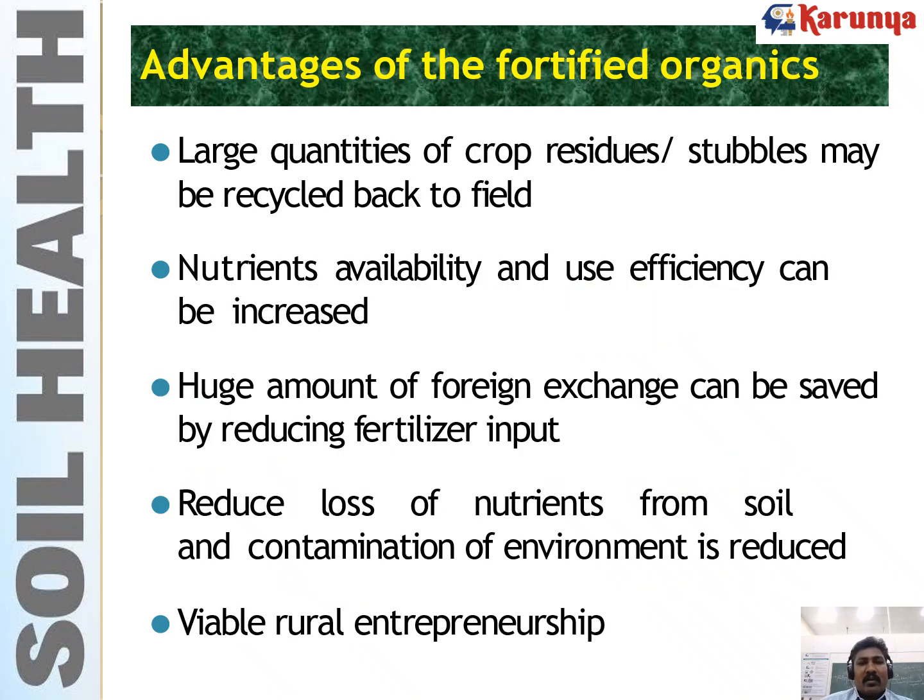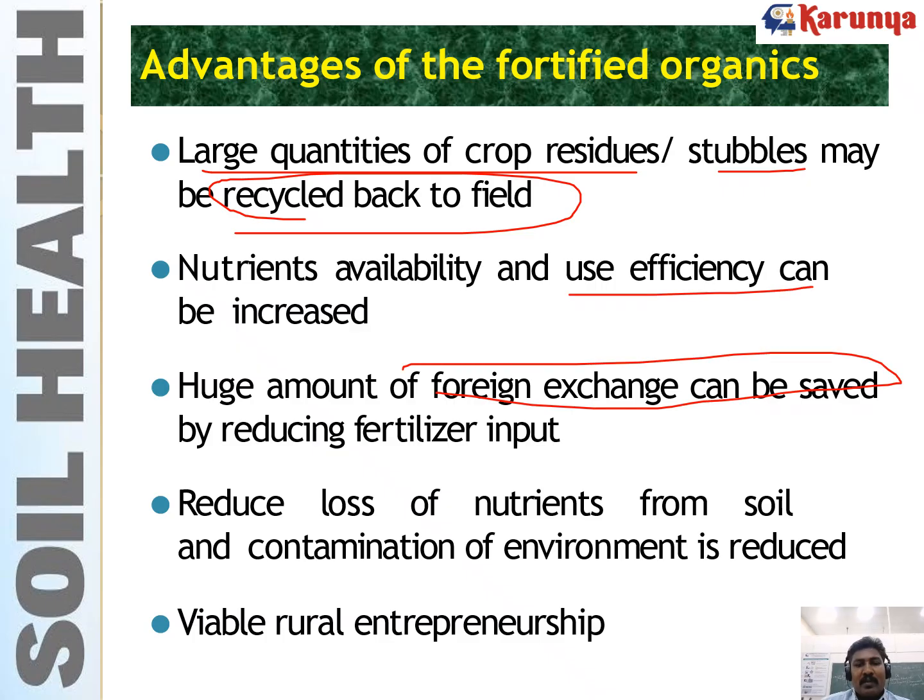And the advantages of fortified organics: large quantities of crop residue stubbles may be recycled back. No need to dump them in any one place of your farm or field, and their nutrient availability and use efficiency can be increased. A huge amount of foreign exchange can be saved, because we are mostly depending on the importing of inorganic fertilizer, so that can be cut off.